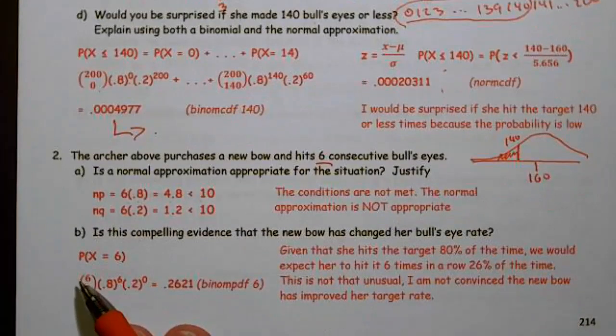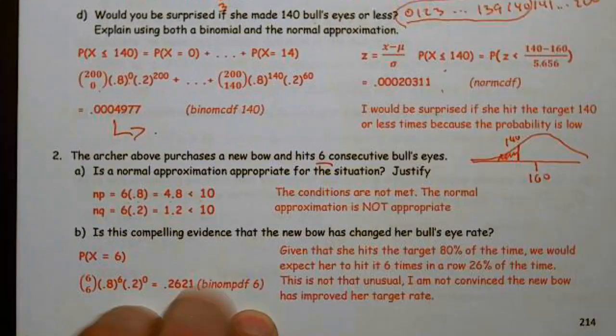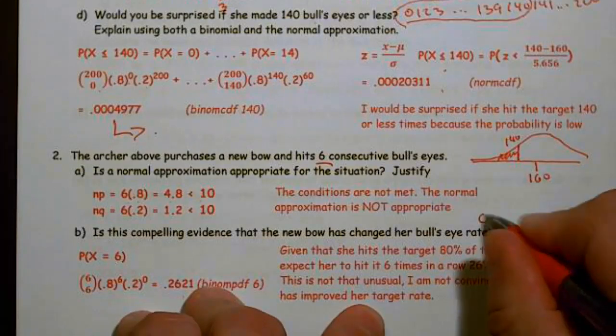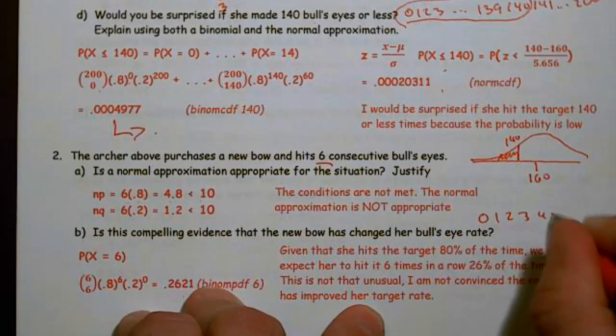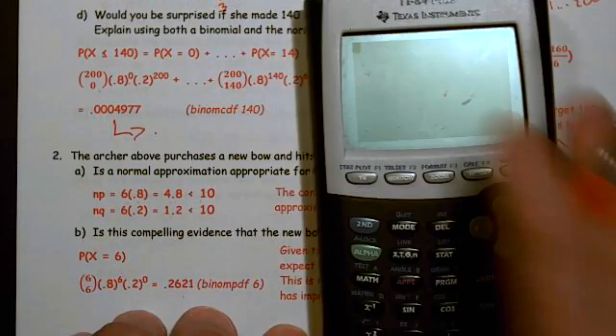And basically, we're going to say, what's the probability that if she shoots it 6 times, she has 6 bullseyes? When I do that, I end up getting 0.2621. So here's what that looks like. Oh, my little chart, 0, 1, 2, 3, 4, 5, 6. I shoot it 6 times, what's the probability I have exactly 6 successes?